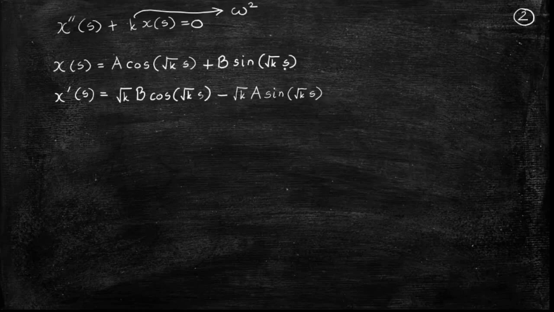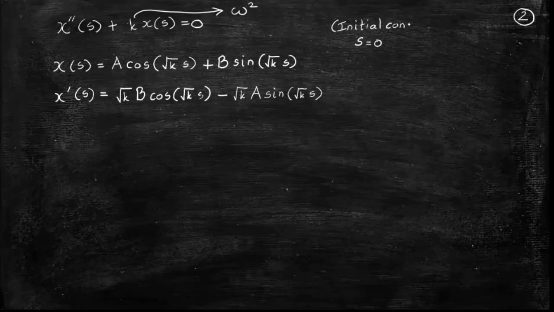Now let us try to evaluate the constants a and b in terms of the initial conditions. So what happens when s is equal to 0? Basically, we are trying to evaluate the solution in terms of the initial condition.